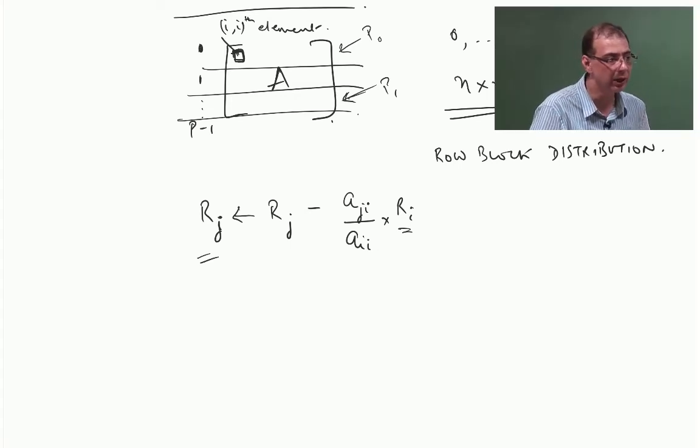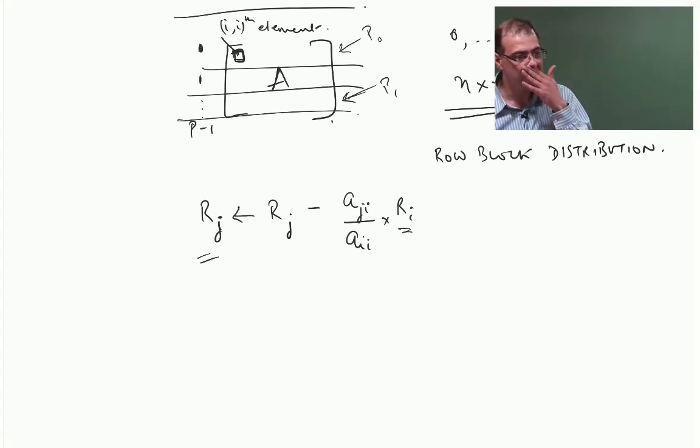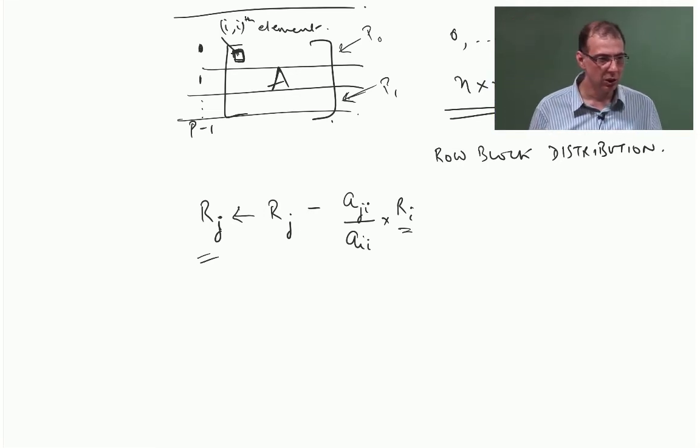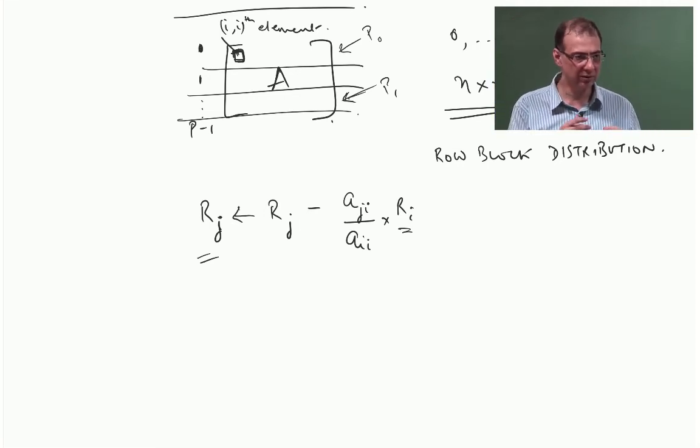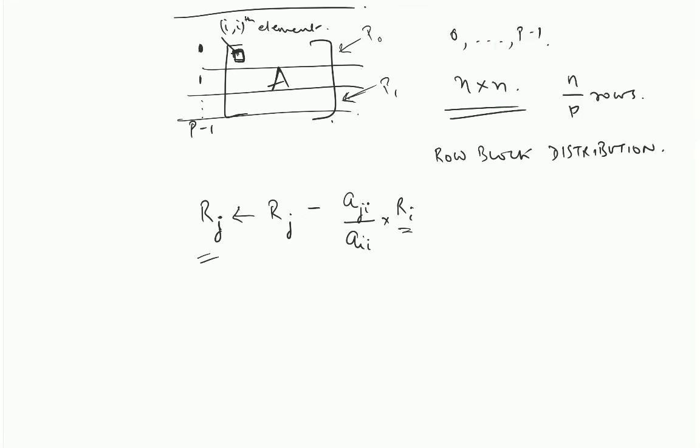Pretty much the entire row, from the diagonal up to the end. The entire ith row starting from the diagonal element has to be sent to P1, and every processor has some row or the other to update. You have to make all the entries under the diagonal 0.